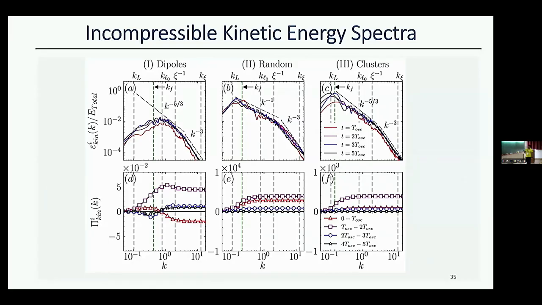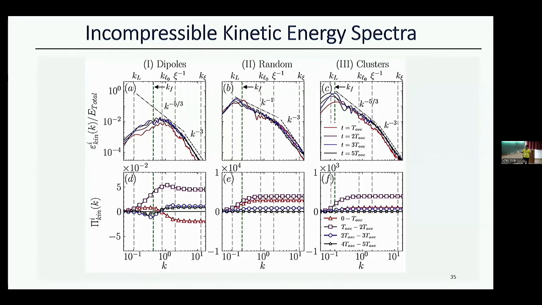If it is clustered in nature, then we get Kolmogorov. So using the potential strength and the velocity at which we rotate the obstacle, we can control whether the cascade will be quantum in nature, that is Vinen-like, or classical in nature, that is Kolmogorov-like.